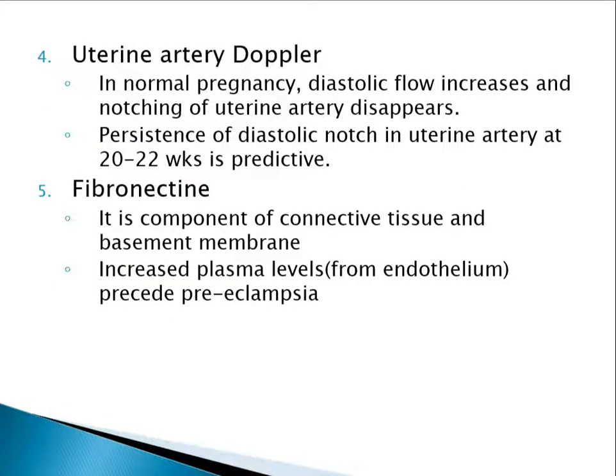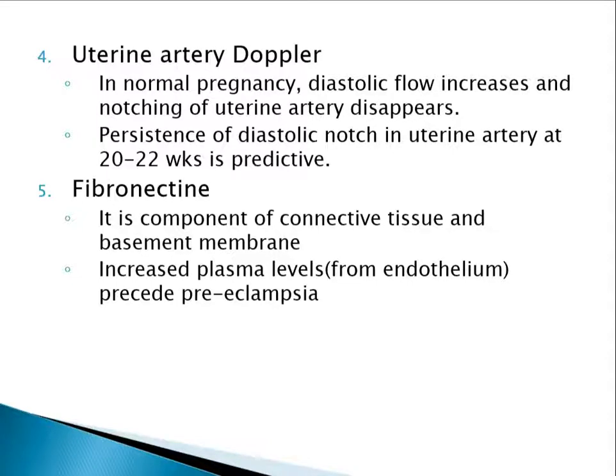Uterine artery Doppler. In a normal pregnancy, diastolic flow increases as pregnancy is advancing because of the vasodilatation and reduction in the peripheral resistance. So, the notching in the Doppler of the uterine artery will disappear. See, the details I cannot tell you now. When we talk about intrapartum surveillance, antepartum surveillance, this will be told to you.